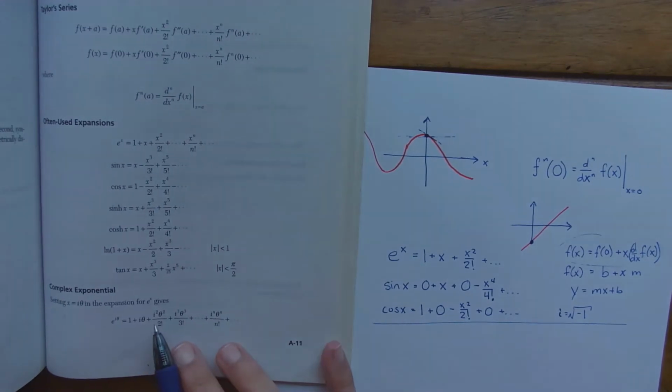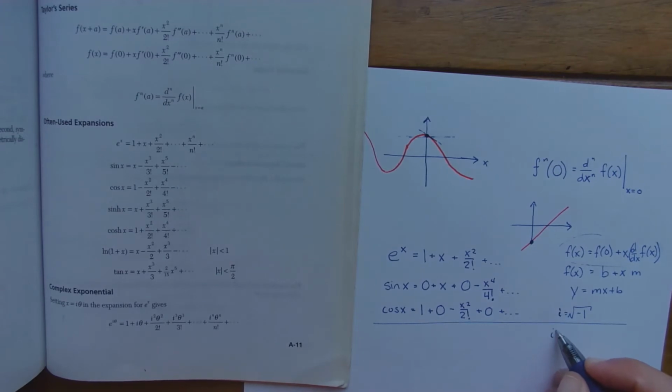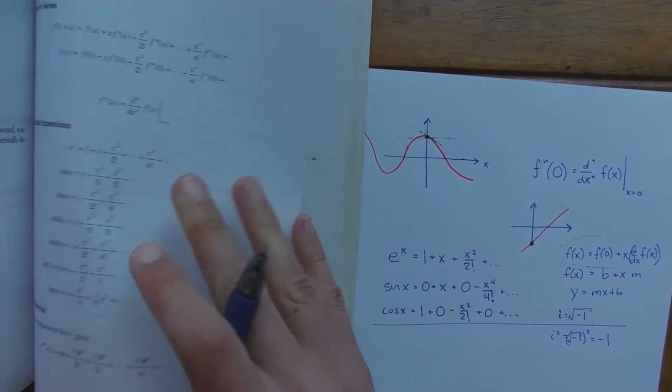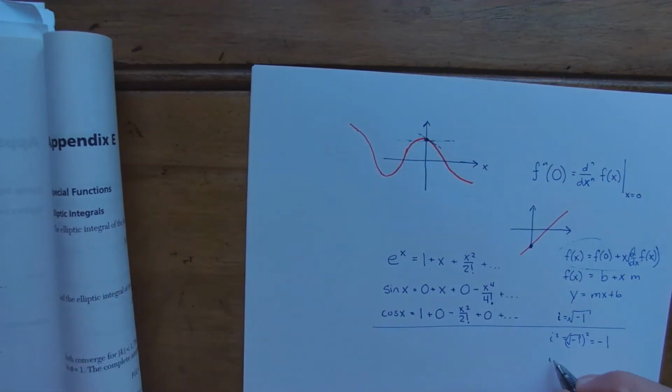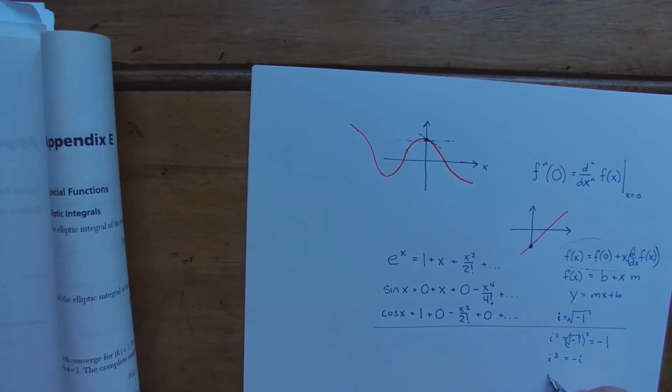Now, if you have i squared, that's equal to the square root of -1 squared, so that's equal to -1. And if you take i squared and multiply it by i, that would be i cubed, and that's negative i. And then if you do i to the 4th, that would be -1 squared, so then you're back at 1.